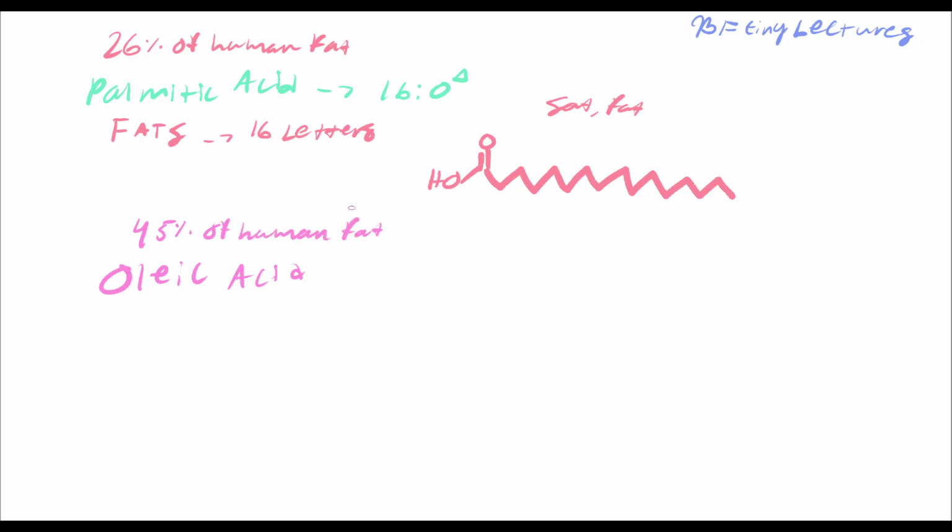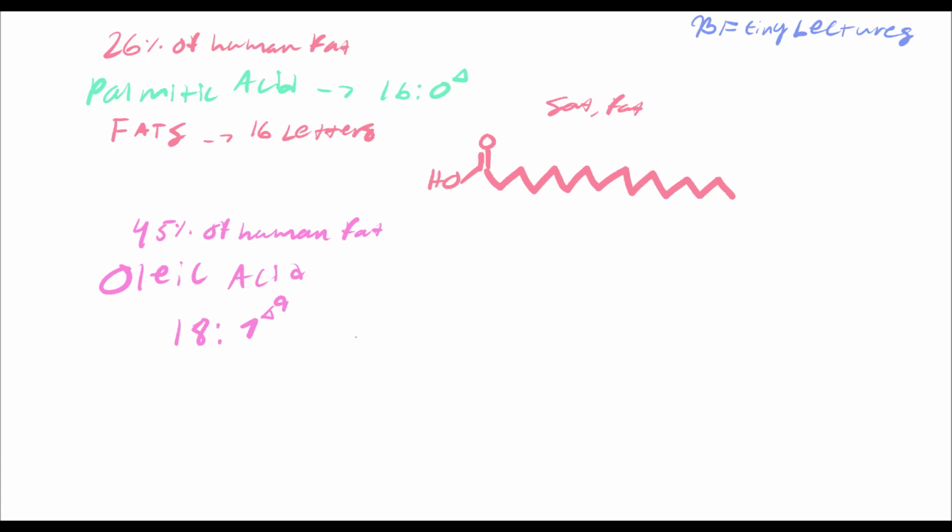Okay, so most of the time, whenever you're trying to burn fat, you're trying to burn oleic acid, right? So how do we find out the numbers? Well, the numbers are going to be 18:1, Δ9. So yeah, I kind of wrote it out for you previously, but that's oleic acid.